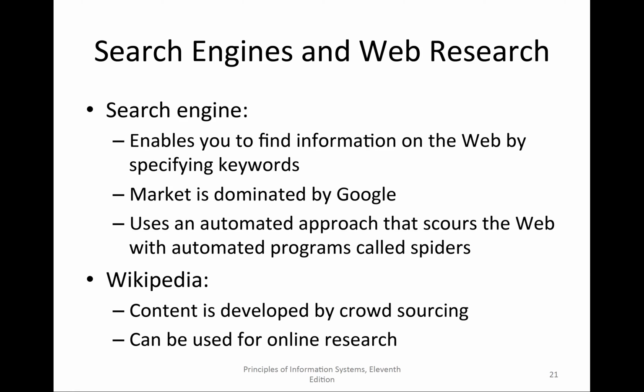Wikipedia content is developed by crowdsourcing and can be used for online research, but I don't advise it because the information on Wikipedia can be edited. And it doesn't mean that the edited information is correct. So within your studies, just use Wikipedia as a first information retrieval, but I don't advise using it for your academic purposes, okay?